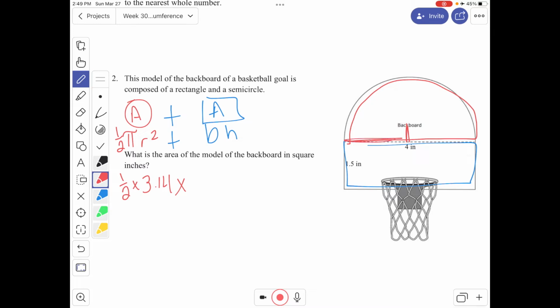And remember, radius goes halfway across, so if all the way is 4, half of that would be 2, and it'll be 2 squared, plus the area of the rectangle, which the base of the rectangle is 4, and the height is 1.5. You'll need to work that out to figure out the total area.